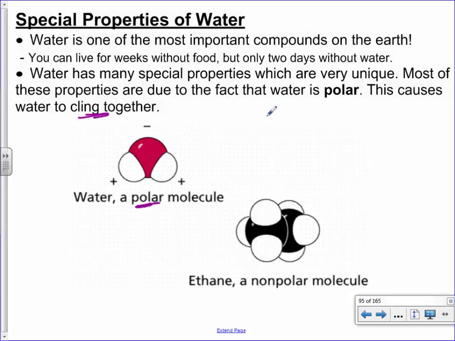Have you guys ever heard of the term adhesion and cohesion? What does it mean if something adheres to something else? Yeah, it sticks, but to something else. Like if I glue something to the wall, I'm adhering something to the wall. Water has the ability to stick to, say, a wall.